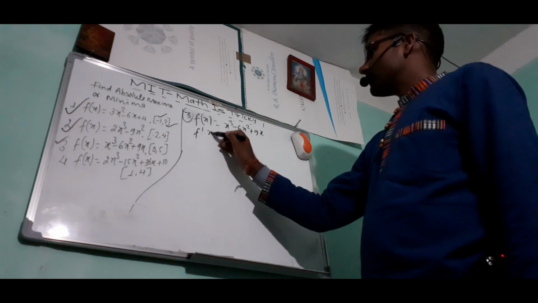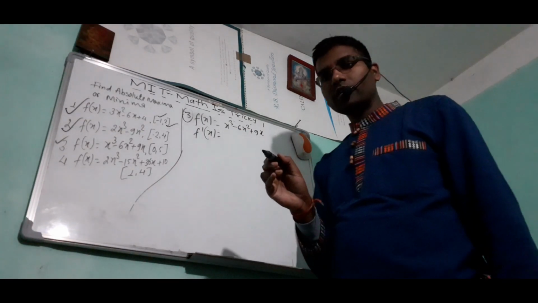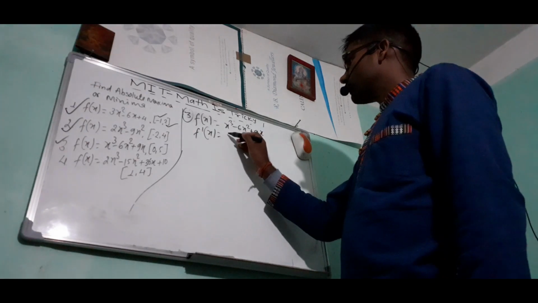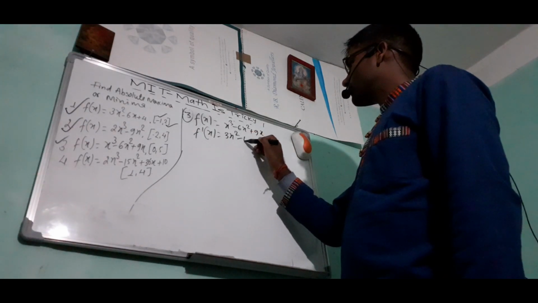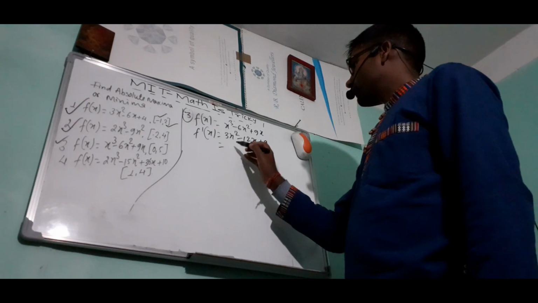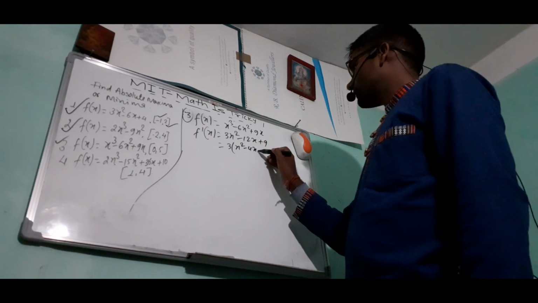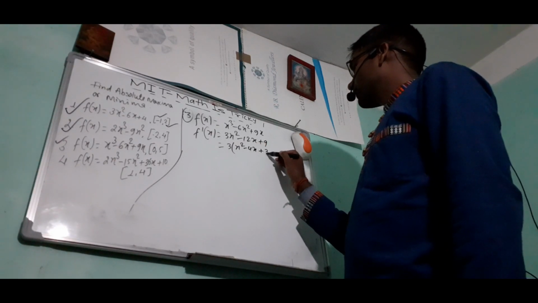Let's find first derivative. As I have given the steps, I'm just following that. So it is 3x square minus 12x plus 9, and we can simplify this. 3 is common, so x square minus 4x plus 3.